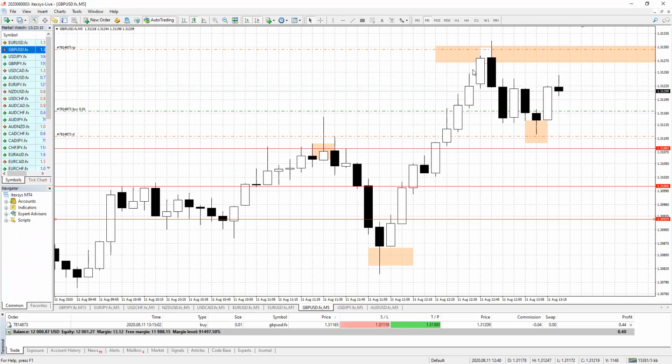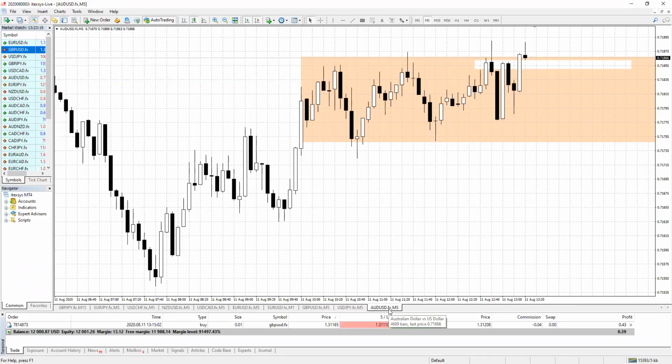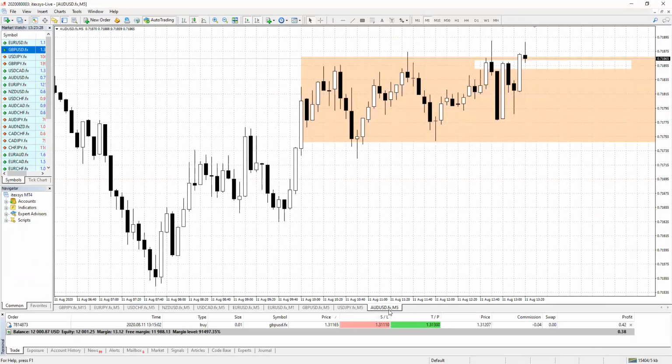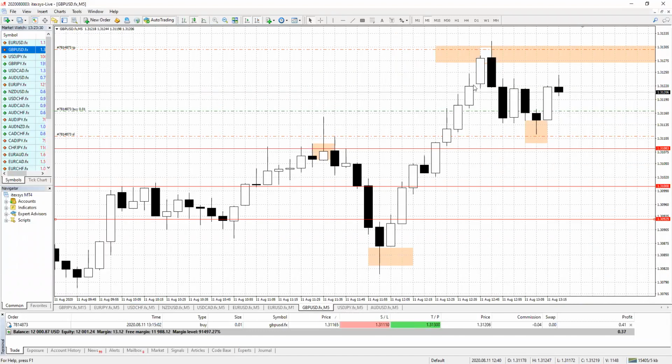It's very personal. Let's see what other pairs are doing. I missed these trades. It's okay. We'll stick to our open position.